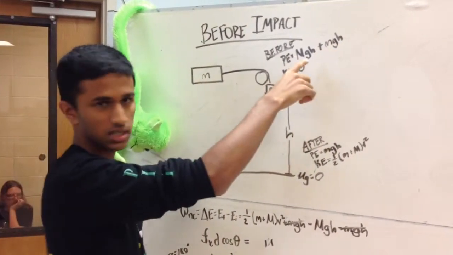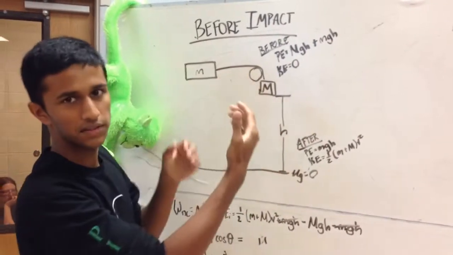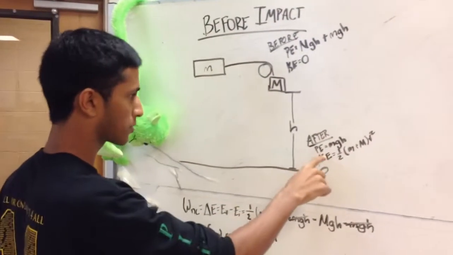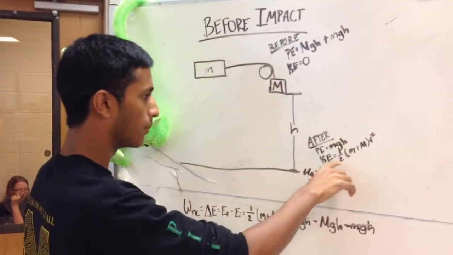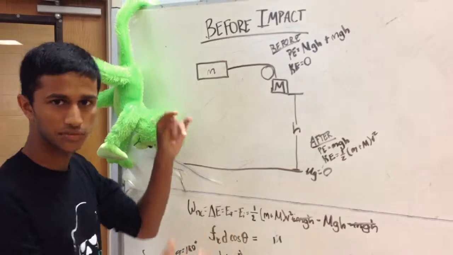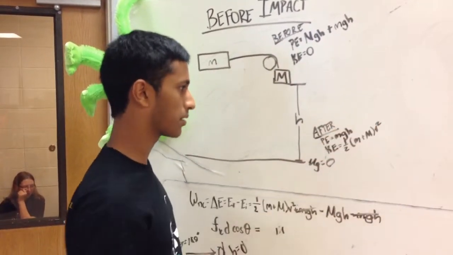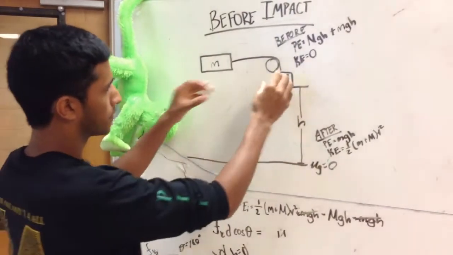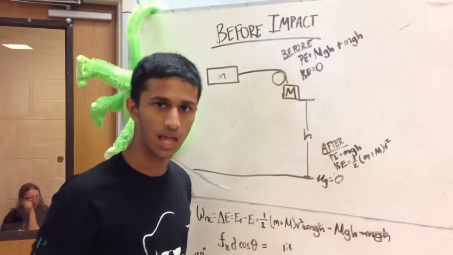This little mgh does not end up making a difference because at the end of this diagram it's still on the table. Our after equations, you still have this little mgh, as I just said, and then you have the kinetic energy of the whole system, which is 1/2 little m plus big M times v squared. Because this block will be pulling the entire system, so the entire system will have the same velocity.